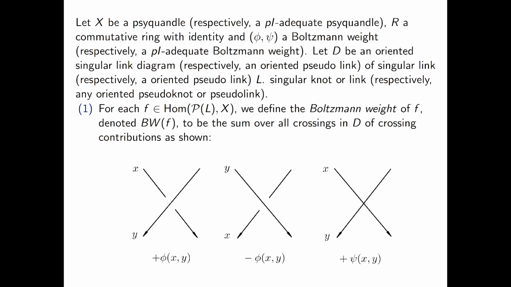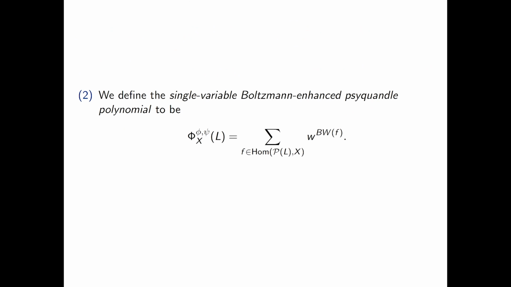So again, first we have to compute the X colorings. So we have to find the colorings of the diagram by our chosen Psyquandle. Once we have these X colorings, we compute the Boltzmann weight for each coloring.